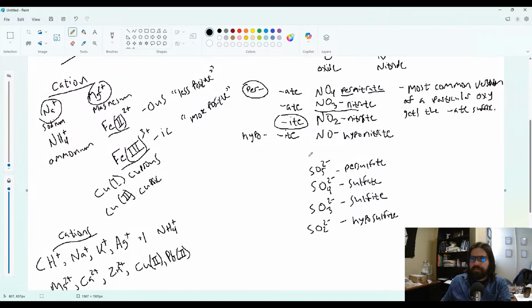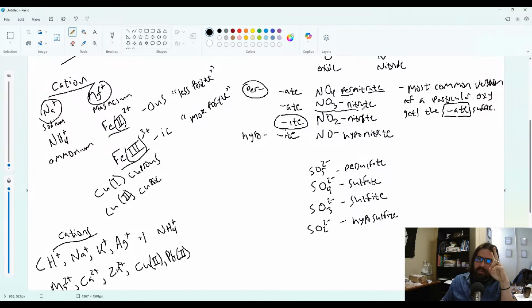Okay. So the most common version of a particular oxyanion gets the ate suffix. And then we can adjust the amount of oxygens present in that particular oxyanion by changing the suffix or the prefix. Normal, the most common version, has the ate suffix. One less than the most common version has the ite suffix.